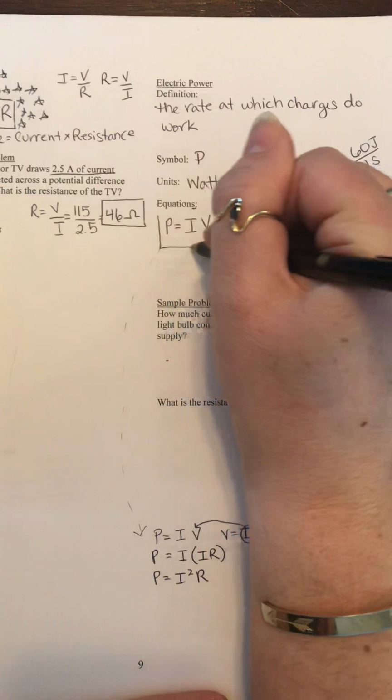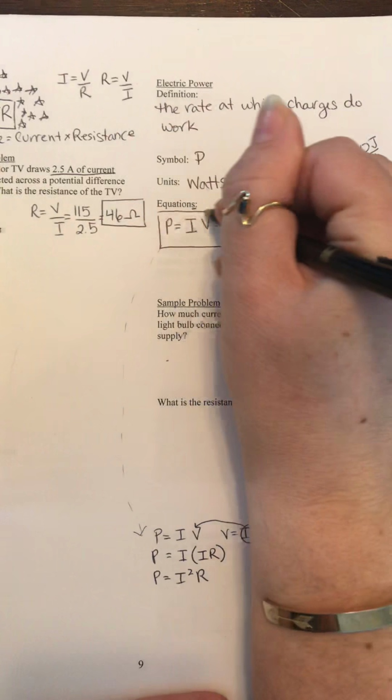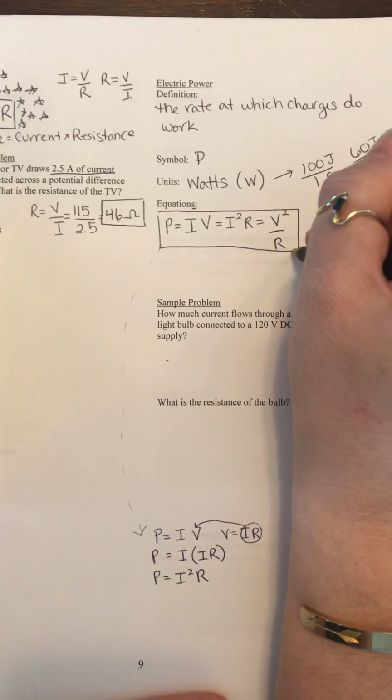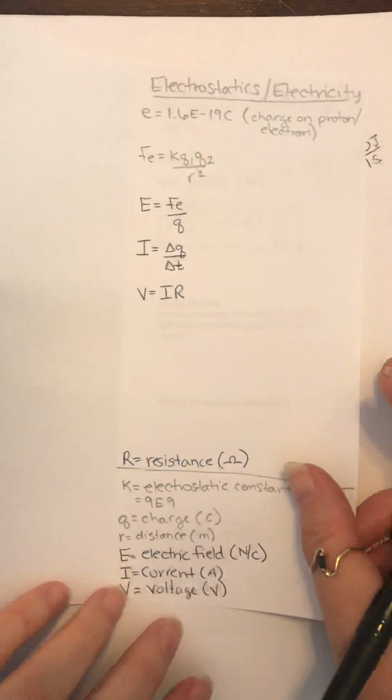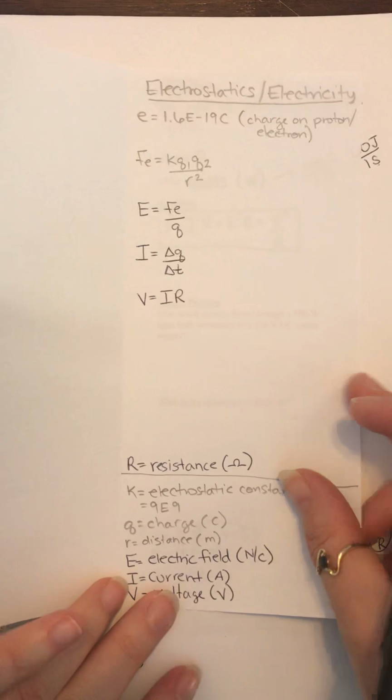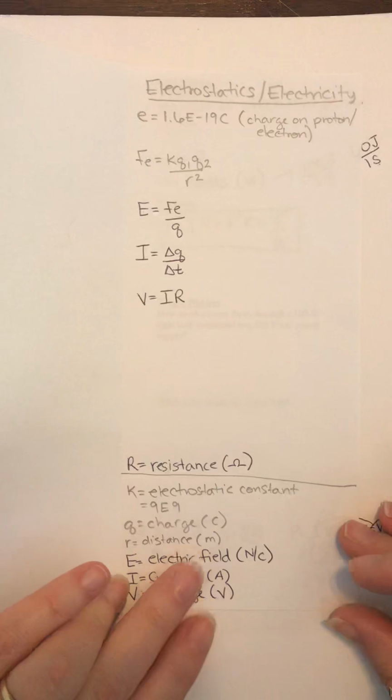All right, so all of these equations are equal to power, and depending on what we have, we're gonna practice here and figure out which one we need to write. All right, so back to your green sheet. Again, pause this video if you need to go back to your green sheet.